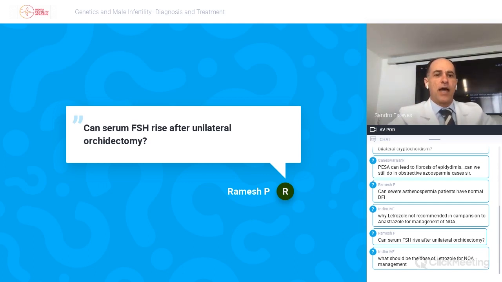So if the patient after unilateral orchidectomy now has an FSH of 8.5, and it was 3.5 before, although the patient is still within the normal reference range, there is an FSH rise in that particular condition. The other question here, about the dose of letrozole, I have already responded to.